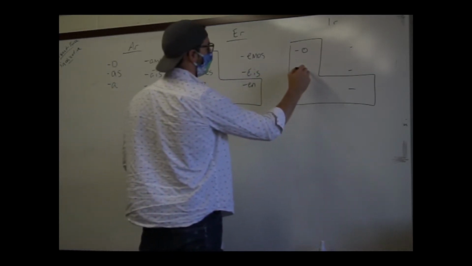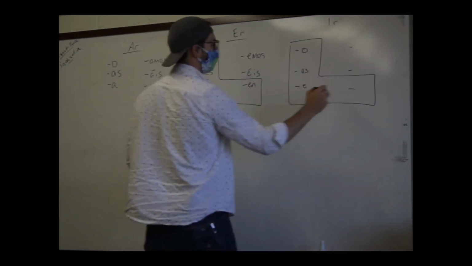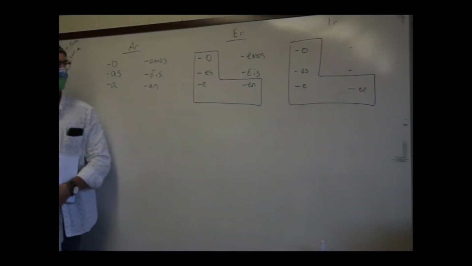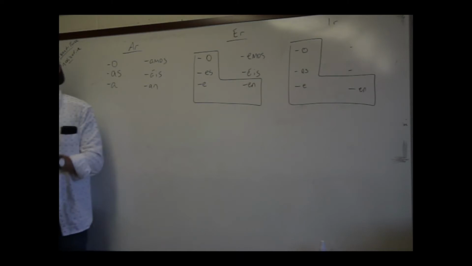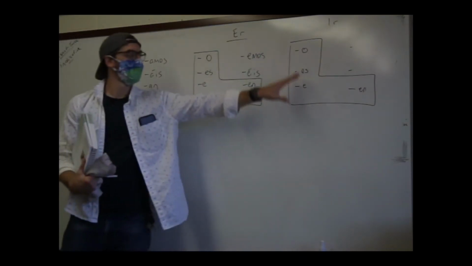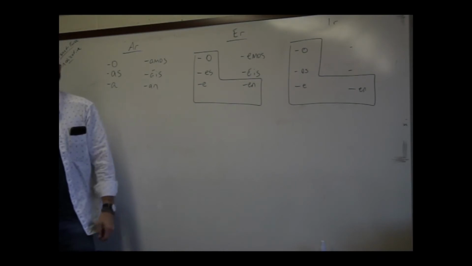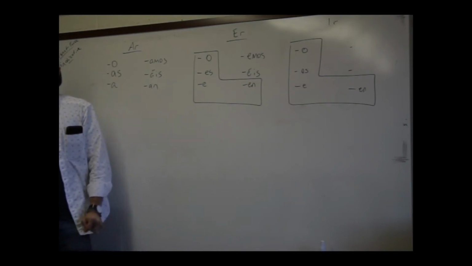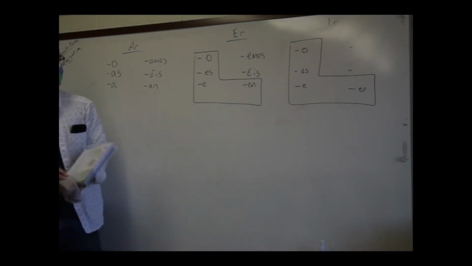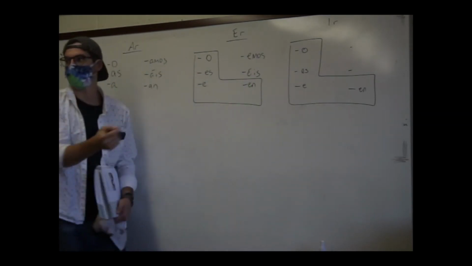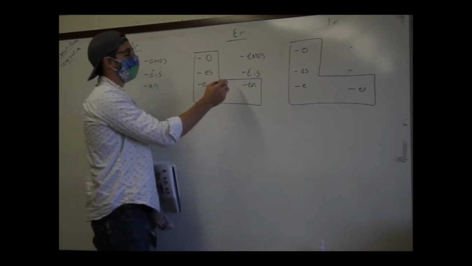O, es, e, en. So the IR conjugation verbs for these spots are identical to the ER verb. The two that are not in the boot, this is called a boot because it looks like a boot.